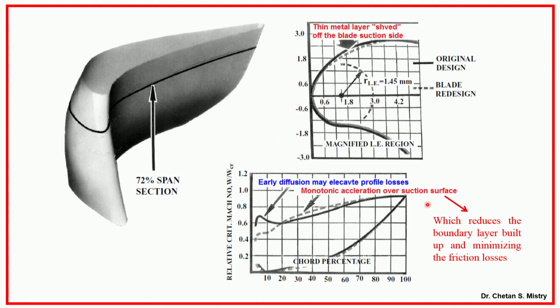Now, this is one representation of what happens in terms of modification. Here, if you look, this is the leading edge they initially had. Then they removed some portion here. Now, you can understand what this slight removal of the leading edge surface is doing. Just try to understand, this is my Cp distribution.